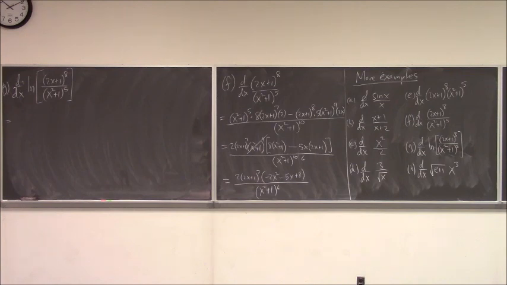Like x squared plus 1 to the 5th over 2x plus 1 to the 8th. Well, that's the same thing. If you divide by that, it's the same as multiplying by its reciprocal. Can you chain rule?